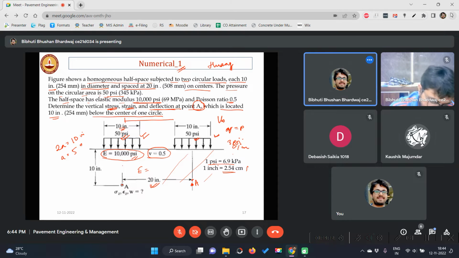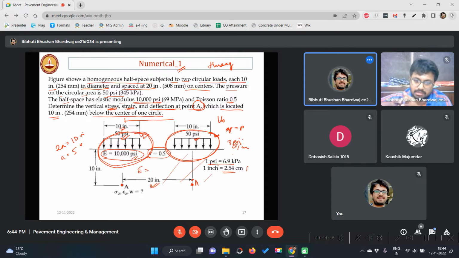See, if I take this point, the strain, deflection, everything will come because of two forces, right? One because of this load, one because of this load. Because of this load, strain will be higher compared to this load, because this load is situated at a distance, not directly above the point, right?